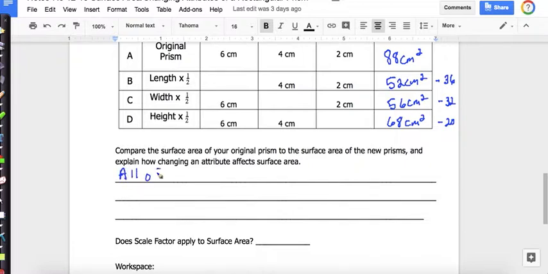So we can write similar to what we wrote the last time on the first page. All of the surface areas, now this time they decrease, so all the surface areas decreased but did not halve like each of the attributes.